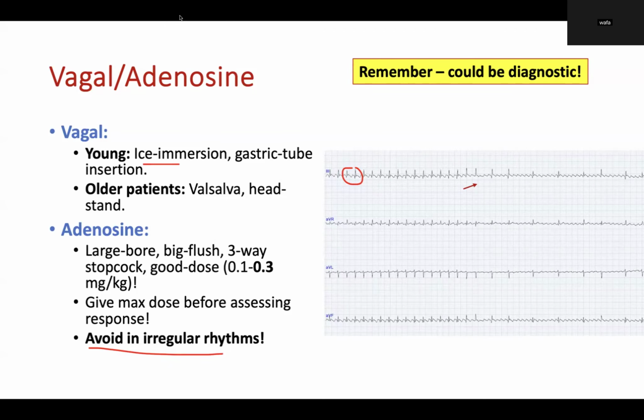Is there anyone who wants to answer? They gave adenosine, this is an infant, and it was fast, and after, we see the slowing. Yes, you will see flutter waves, good. So many people did appreciate there are flutter waves underneath. So the adenosine or the vagal maneuver could unmask your flutter waves. So now we know the patient was having atrial flutter.